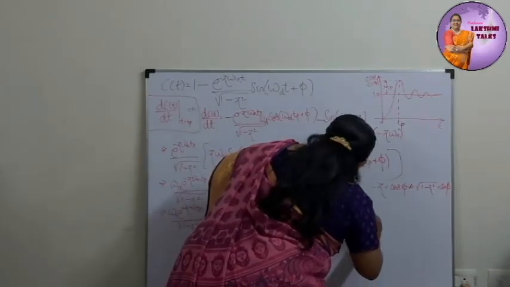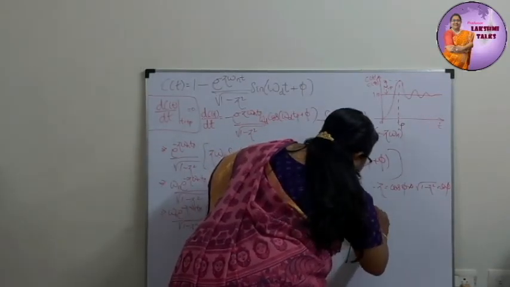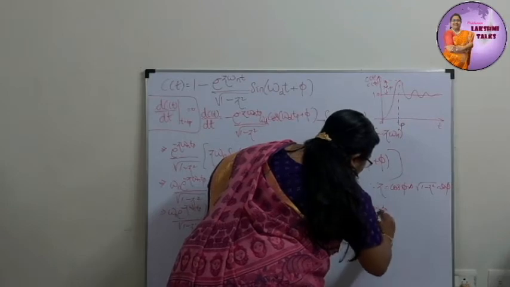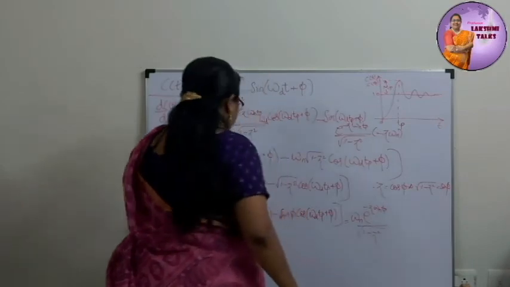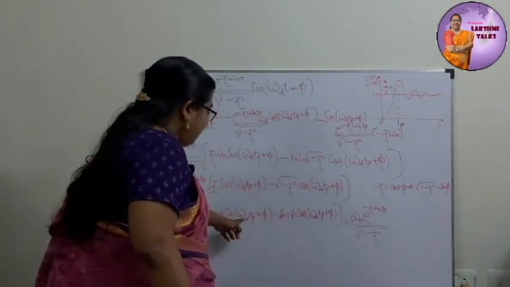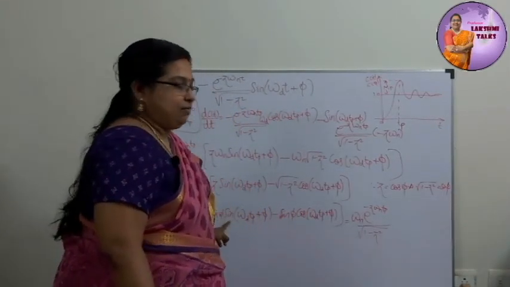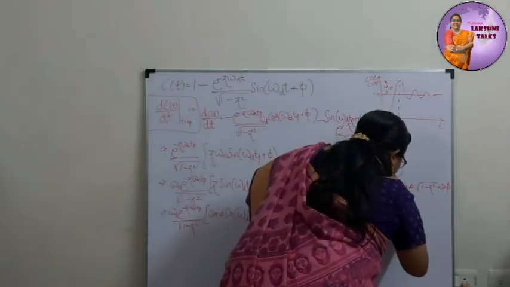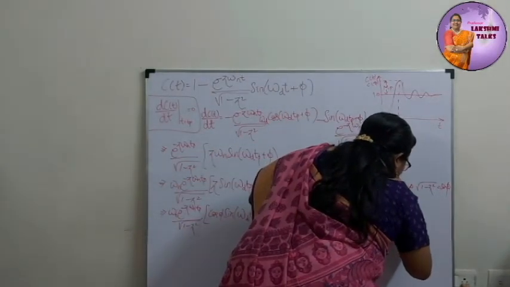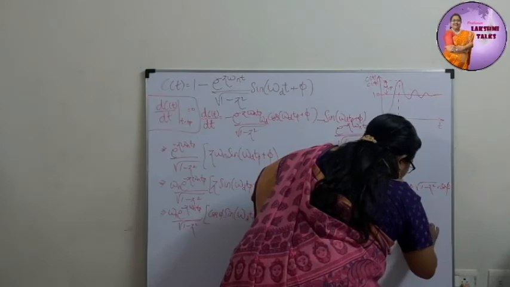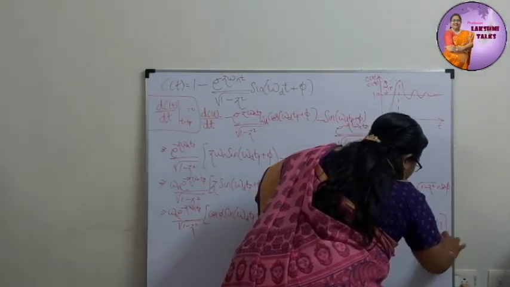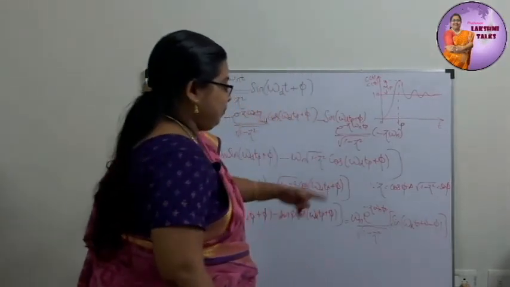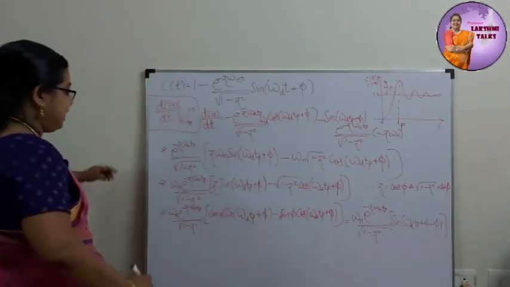omega n e power minus zeta omega n tp divided by root of 1 minus zeta square into sin of omega d tp plus phi minus phi. So the plus phi minus phi gets cancelled.